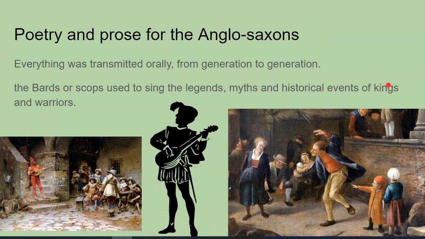Poetry and prose for the Anglo-Saxons. We know that the first form of art, of story, was the poem and the prose, and it started to appear in the Anglo-Saxon society with an oral transmission.